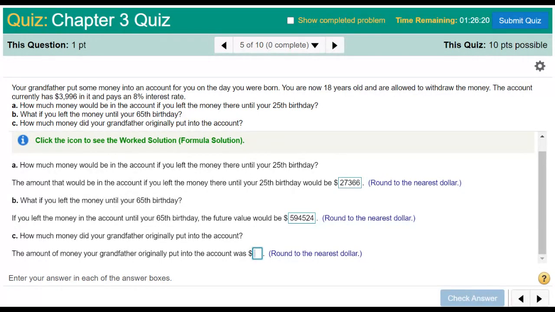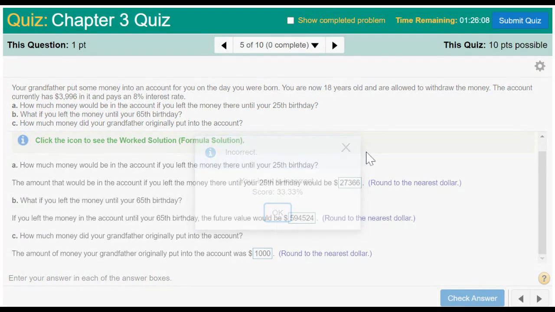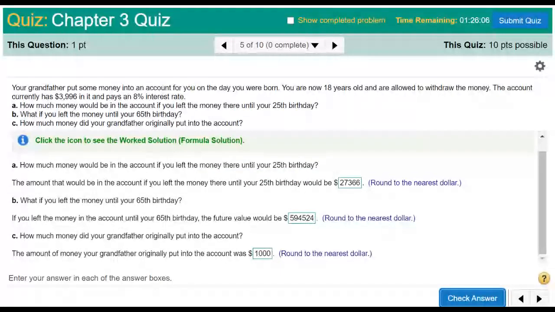Would it be $1,000? 1,000 even? Nope. There are two answers that are wrong there. All right, let's start with the first one.